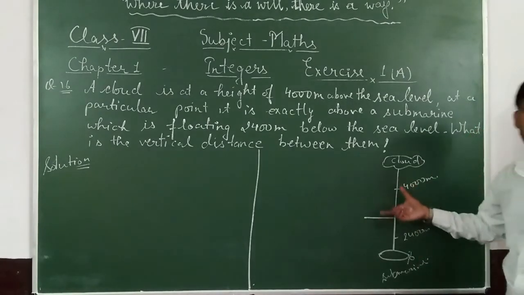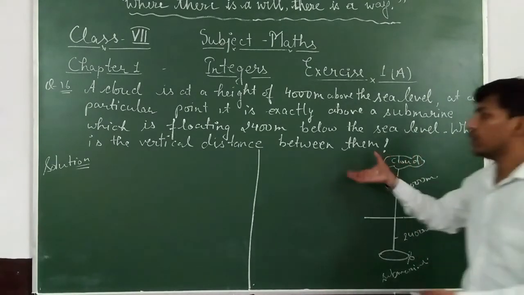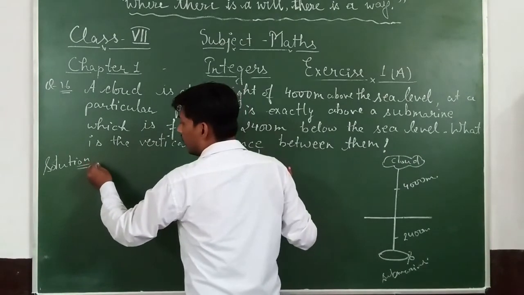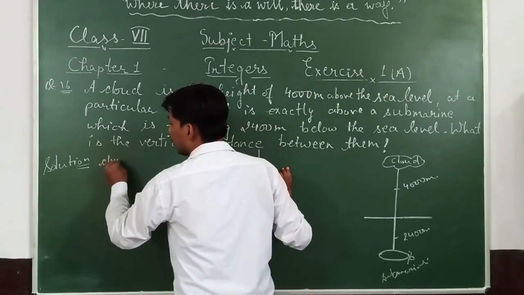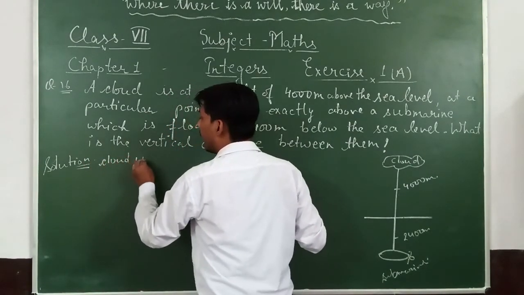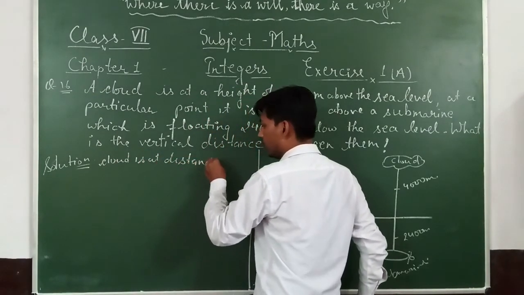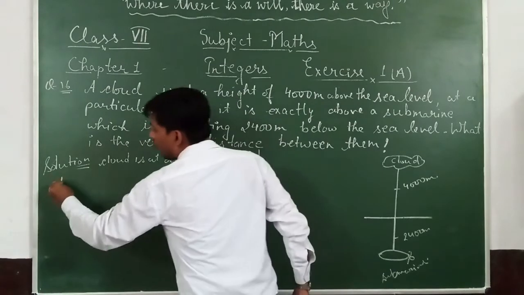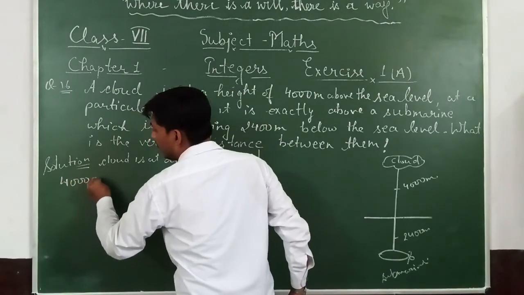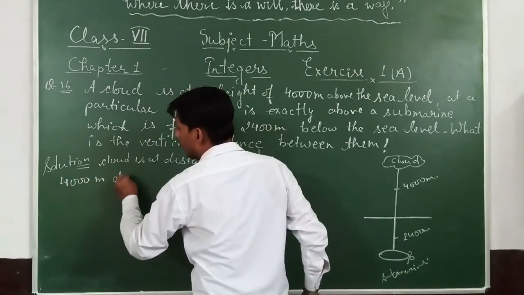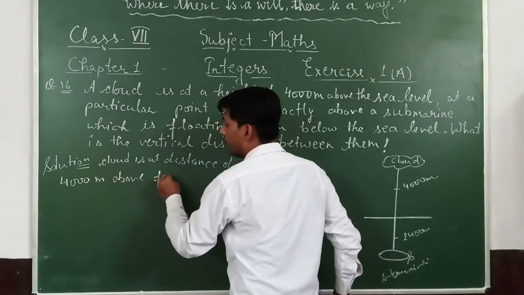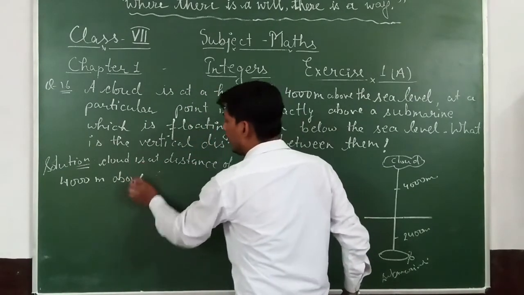So what will be the statement of this question? The statement: the cloud is at a distance of 4,000 meters above sea level.